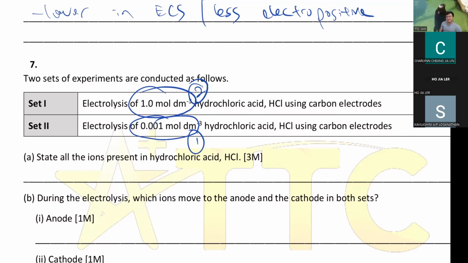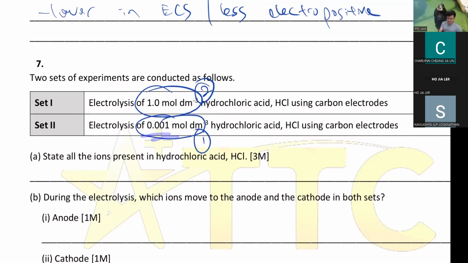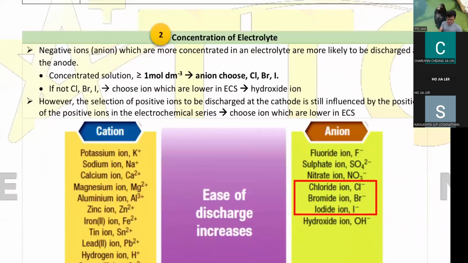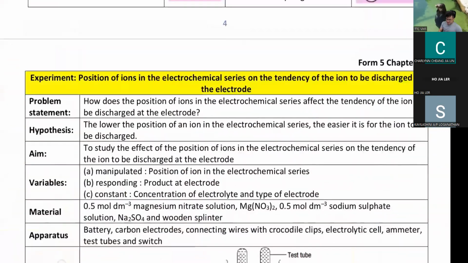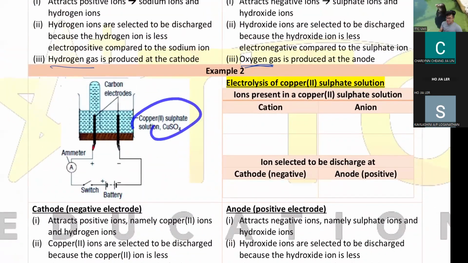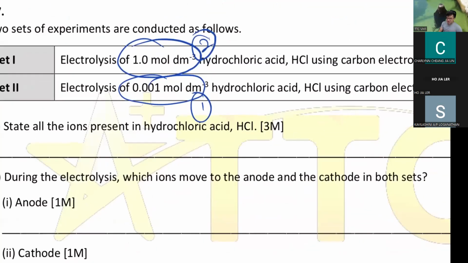Can you understand? Okay. You mean why, Kavi? Because 0.001 is nothing. It's not concentrated, just like any other solution. Basically, when you see 0.001, you can just ignore.